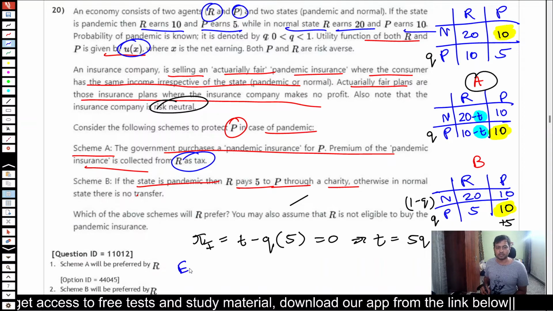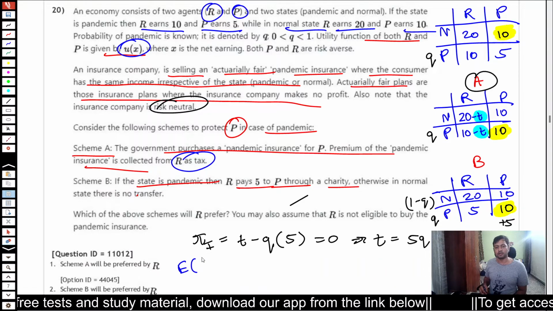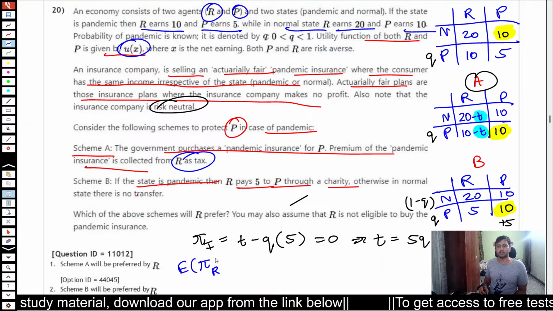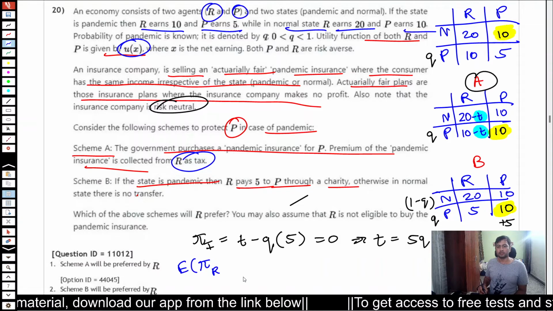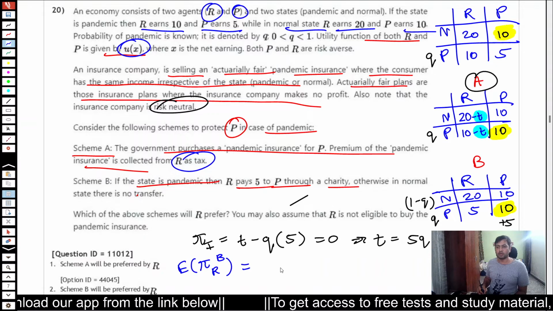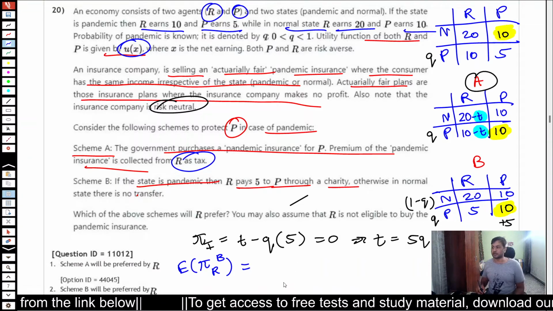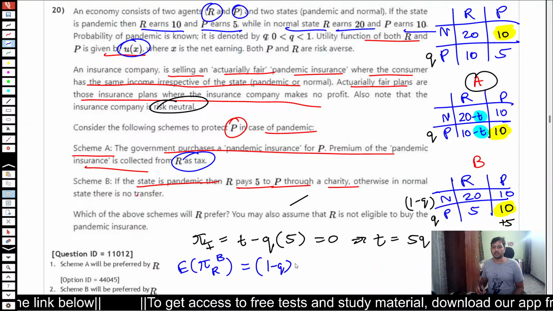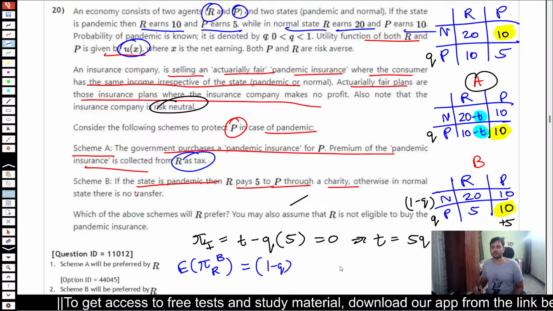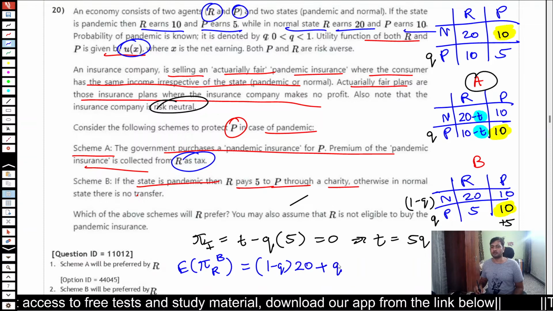First of all, let's talk about the expected payoff or profit of the rich guy in case of scheme B. Under scheme B, with 1 minus Q probability he ends up with 20 rupees, and with Q probability he ends up with 5 rupees.